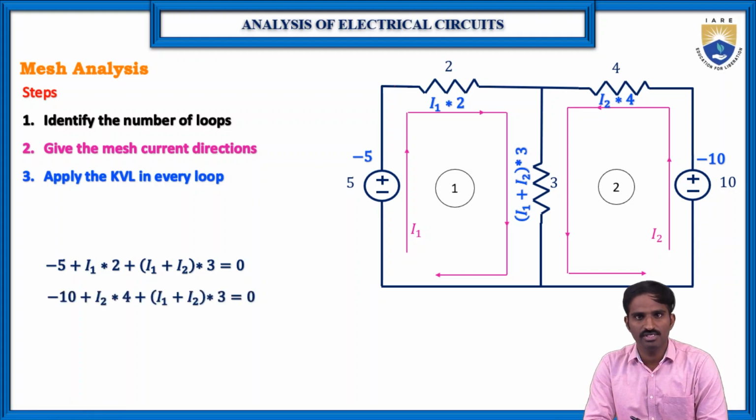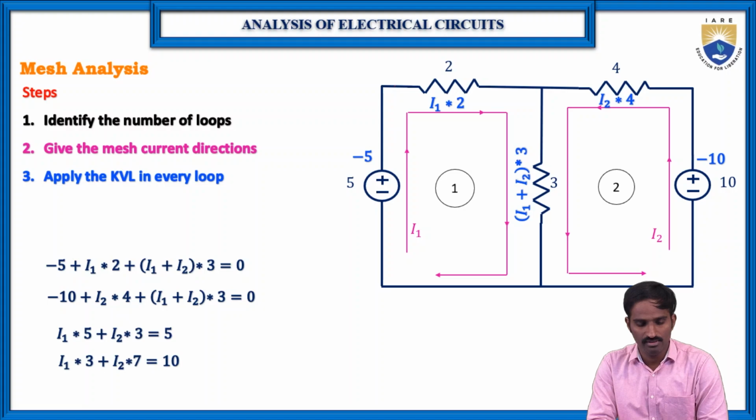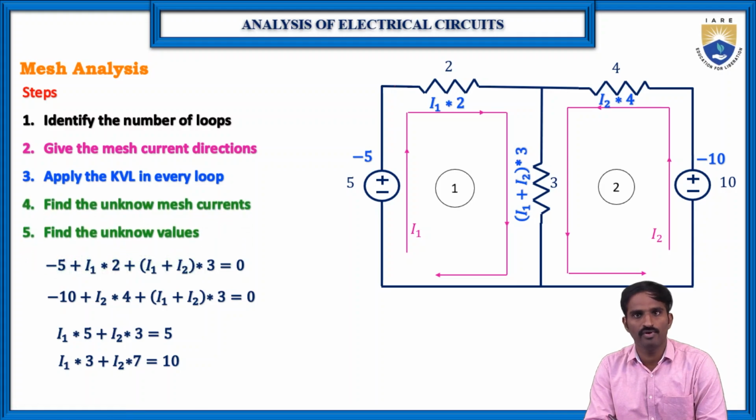Then simplify these equations: 5I1 plus 3I2 is equal to 5, and 3I1 plus 7I2 is equal to 10. There are 2 equations and 2 variables, so we can simply solve them to get the I1 and I2 values. Here I1 is equal to 0.192 and I2 is equal to 1.346 amperes.